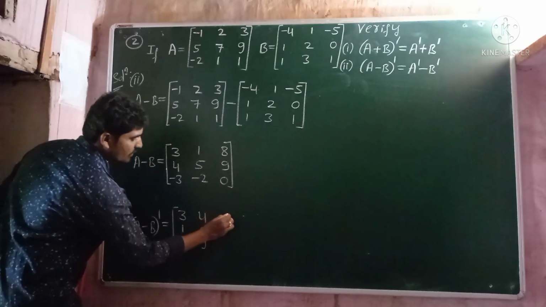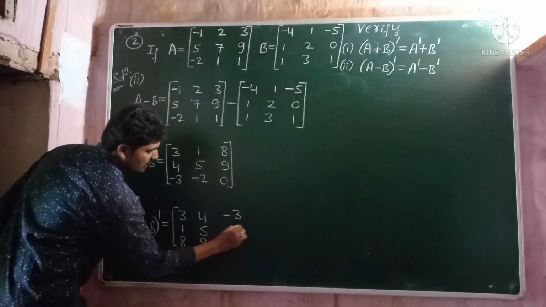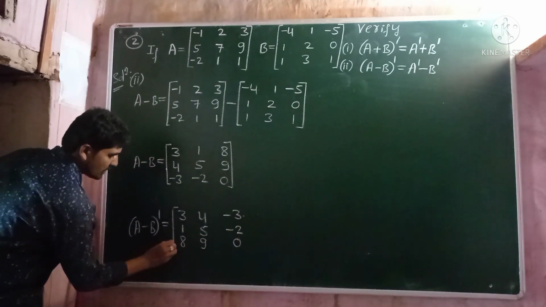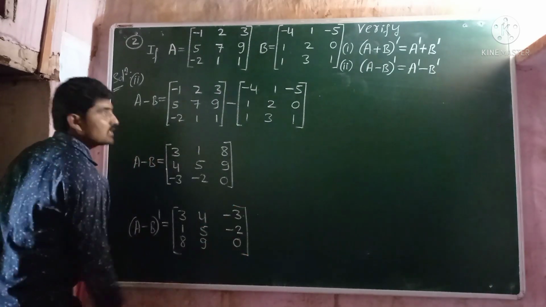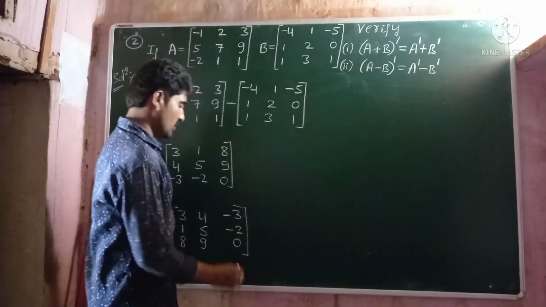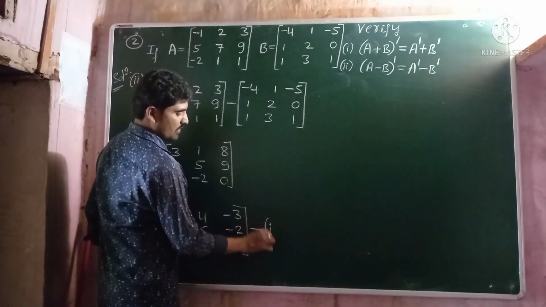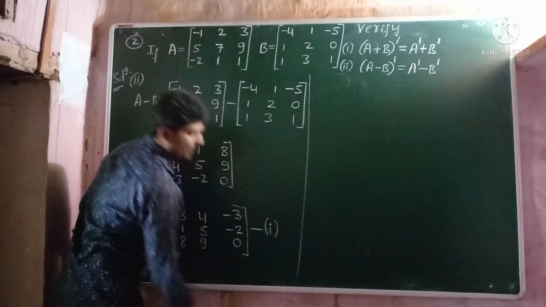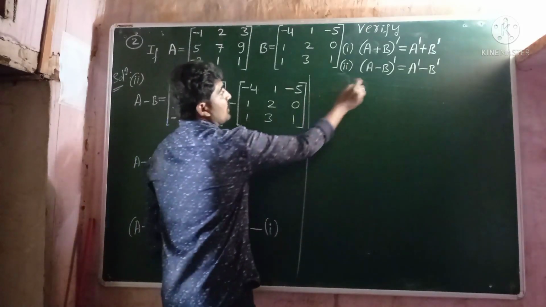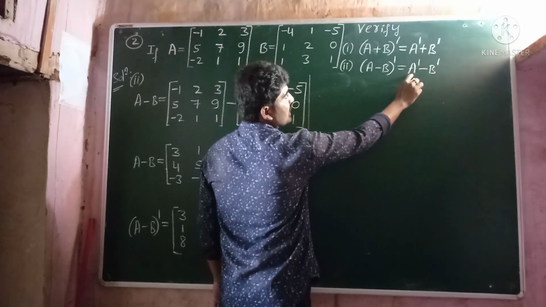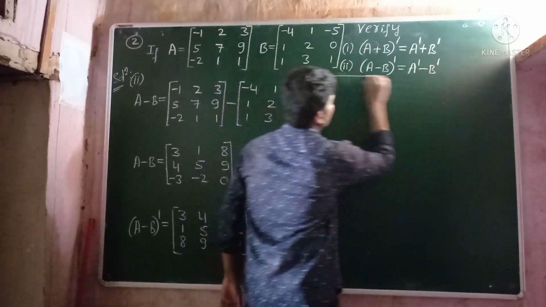Third row becomes third column, -3, -2, 0. And this is the LHS of this second equation, hence call it equation number 1. Now we need to find the matrix A dash minus B dash.